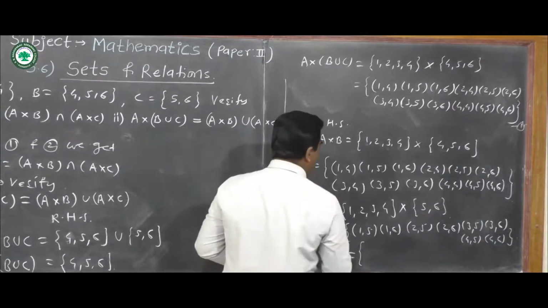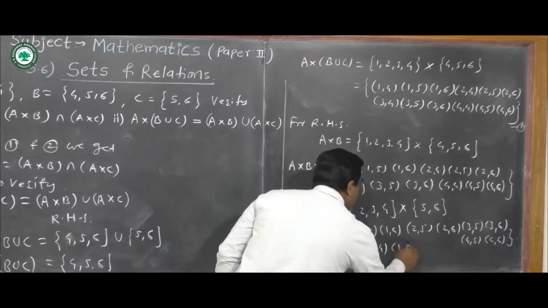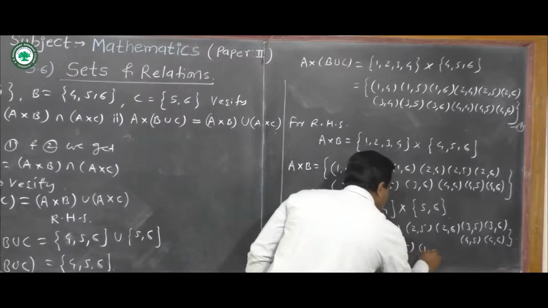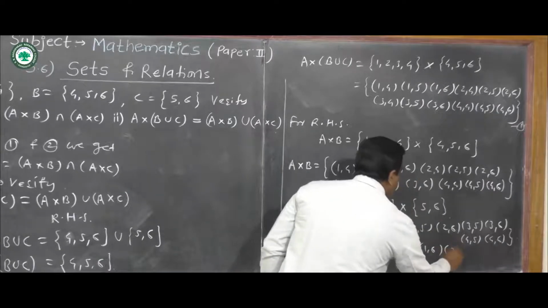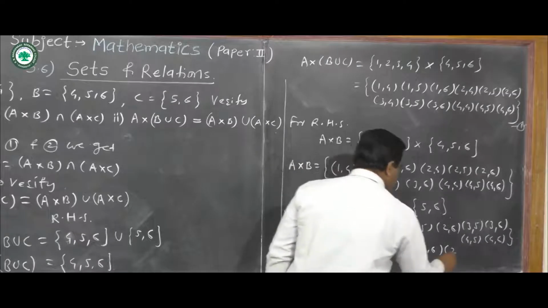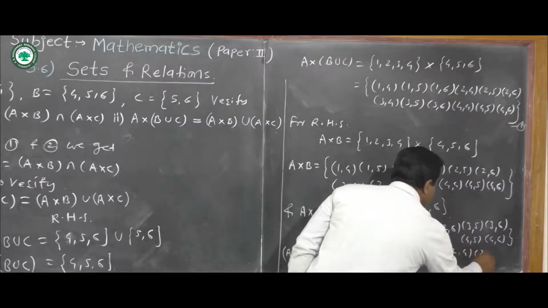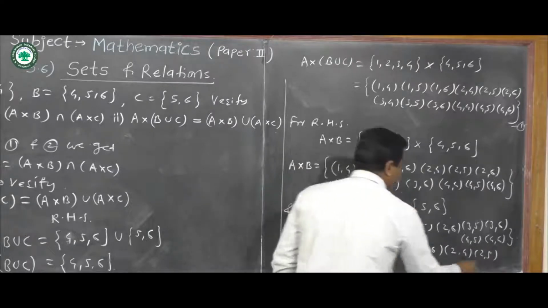Union of these two sets is ordered pairs (1,4), (1,5), (1,6), (2,4), (2,5), (2,6).